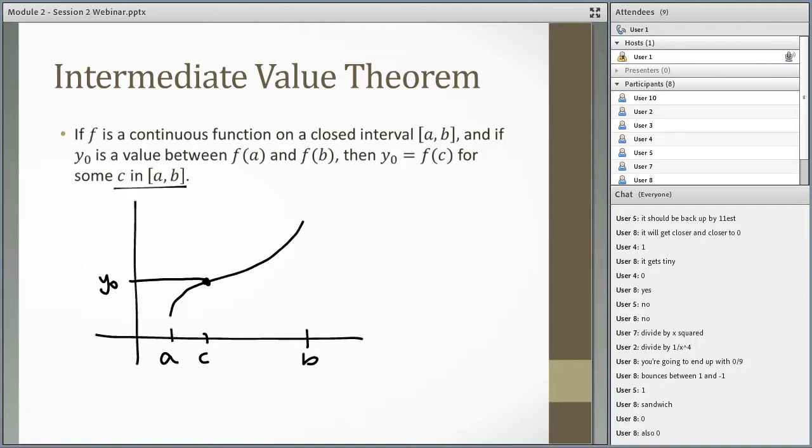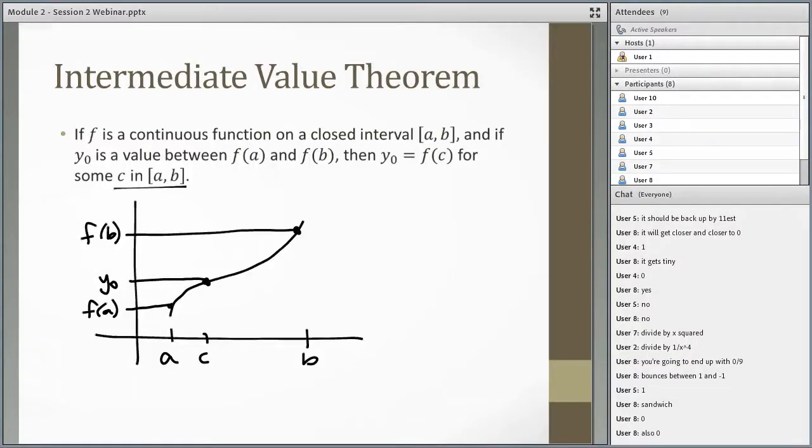Why not? Just the notation. That is between f of a and f of b.